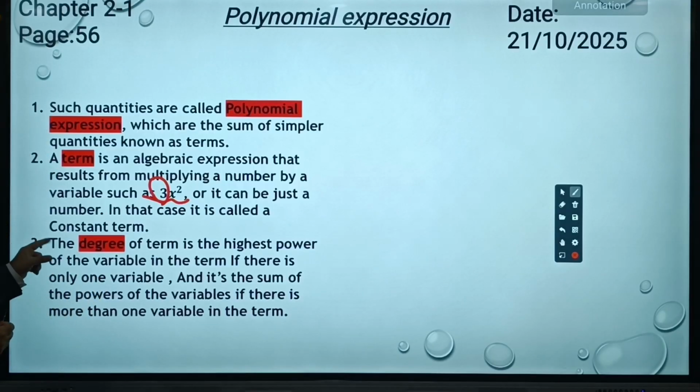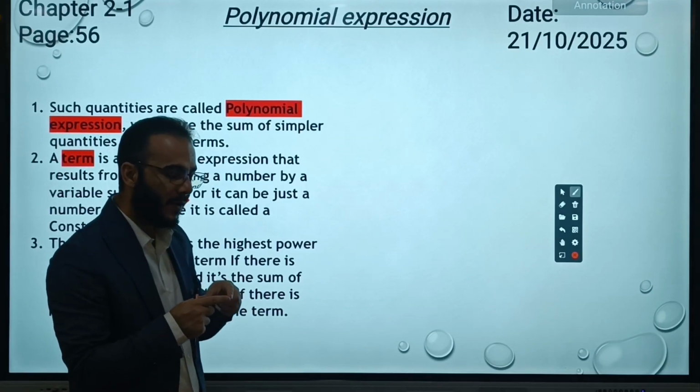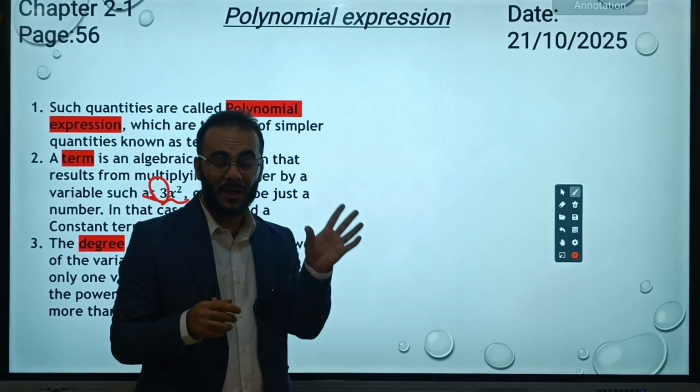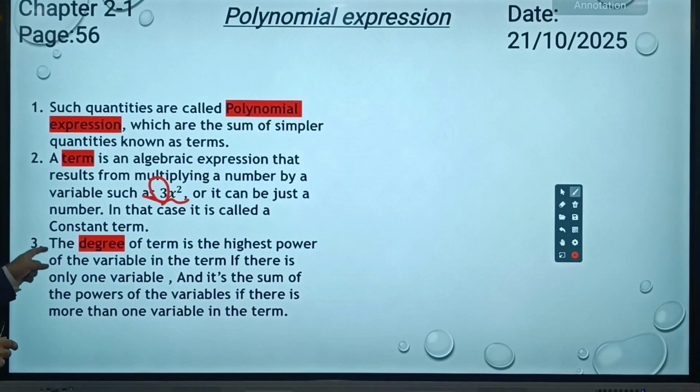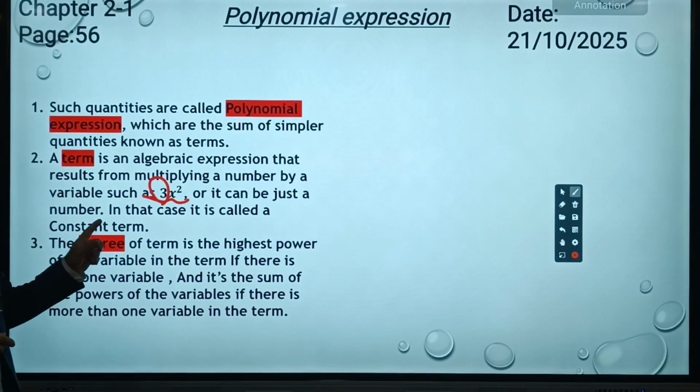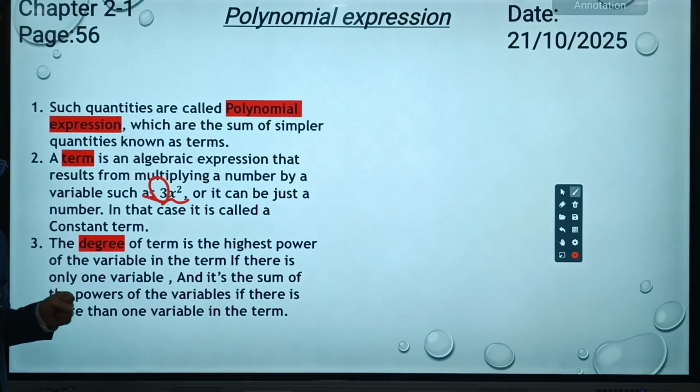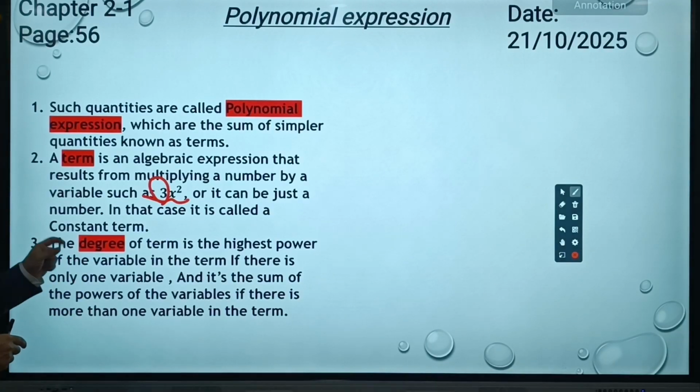The third thing that we need to take care of here is the degree, which is the main topic at the beginning of the section. The degree of a term is the highest power of the variable in the term if there is only one variable.